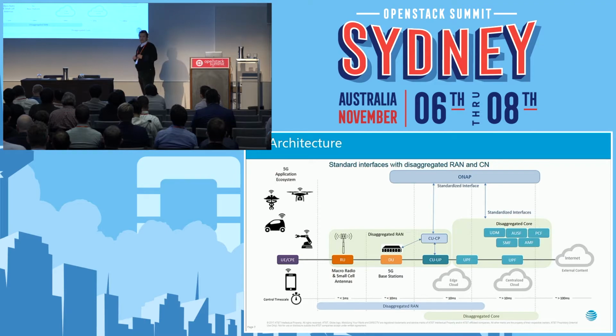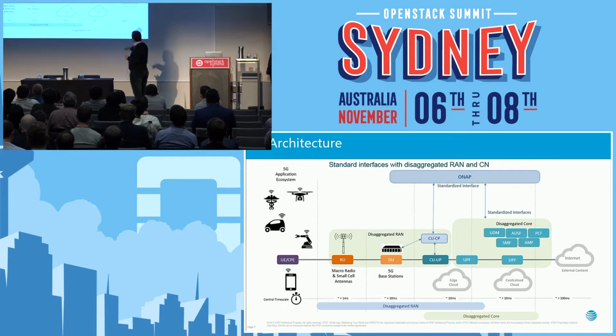These 3 elements are mostly going to be virtualized, but sometimes you might actually have a physical network function, most of the time because you don't have the capabilities so far. So this is basically a disaggregated RAN.